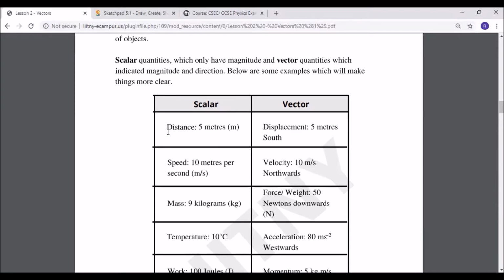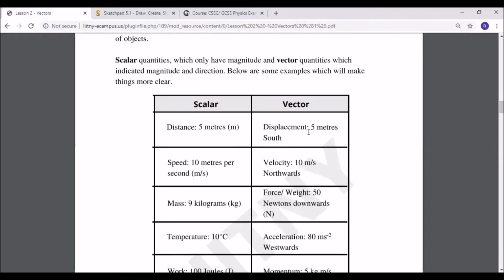So distance is a scalar quantity. But distance has a vector equivalent, which is a vector quantity, and that's displacement. So the example of a displacement would be object A is 5 meters south of object B. So the difference here between displacement and distance is that it has a magnitude, 5 meters, and it indicates direction of the objects relative to each other.